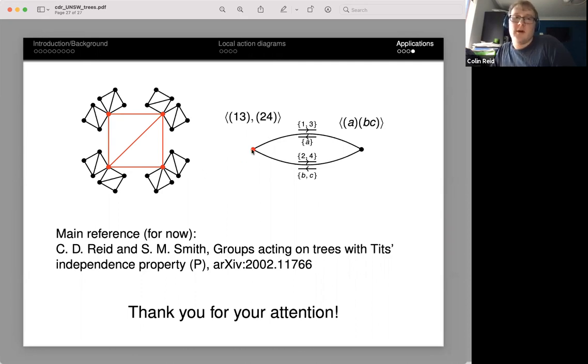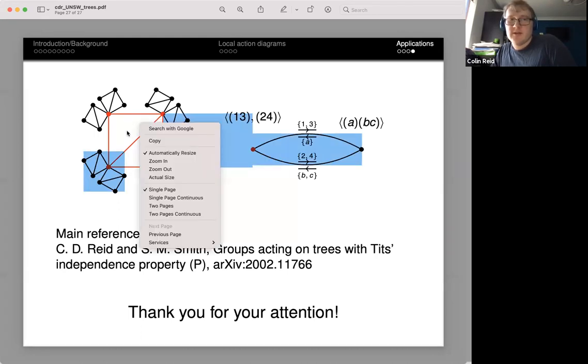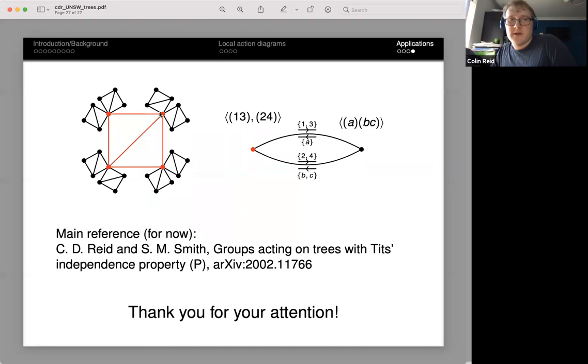So the local action of the lobe is going to have two orbits of size 2, because you can flip these two and flip these two. And if we look at a vertex, there are two kinds of lobe. There's one kind of lobe that has 3 edges at that vertex, and then there are 2 lobes that have 2 edges at that vertex. So the local action here is going to be cyclic group of order 2 acting on 3 points.